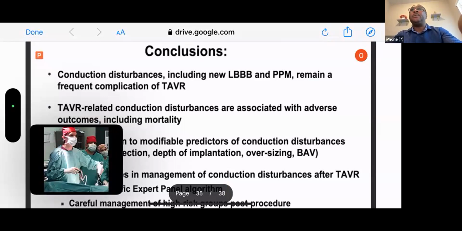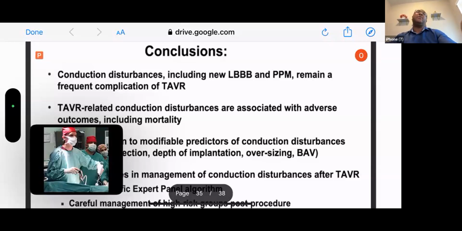But I speak with Edafe a lot, and we have a CT scan now in Africa, so we can do that very well in Africa right away. And then make sure you don't do a deep implantation into the LVOT, and then decide, am I going to use a pre or post dilation ahead of time? And that will help you.